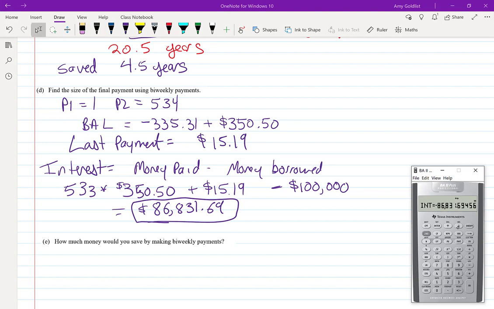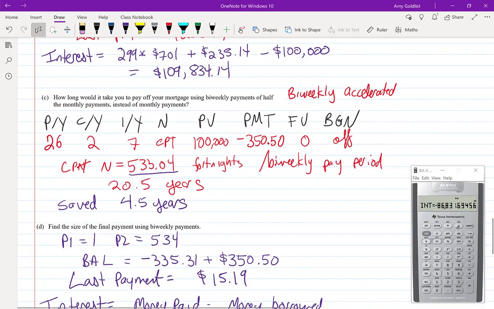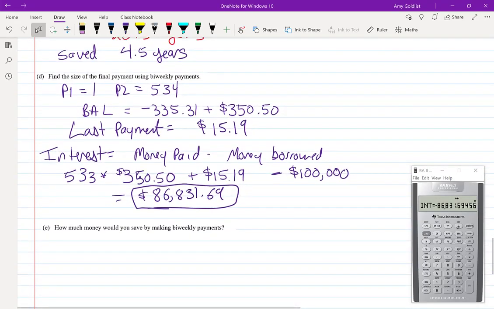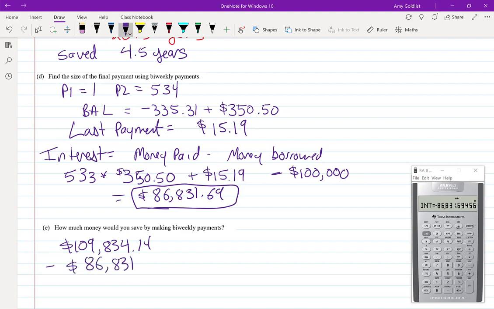Well, how much money did we save is the difference between those two things. So let's just see how much it was before, 109,834.14. Minus 86,831.69, using your helpful calculator or doing it in your head, or what I do, which is do it properly in a calculator and write it down so that I can do it faster for you guys.